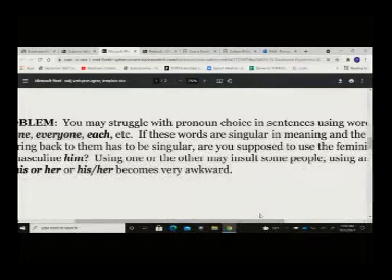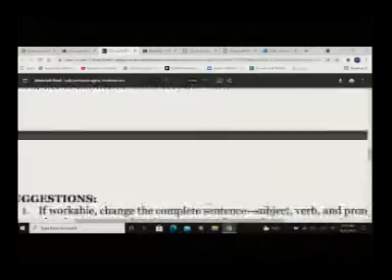Pick a gender and stick with it. And the reason I'm saying that, later on on this second page, they will tell you that you can alternate your genders. But if you're writing the narrative, and the first time you refer to your character, you give him a male gender, and then the next time you give him a female gender, that's a new character. So you have to be judicious if you're going to alternate your pronouns that are referring to that indefinite pronoun earlier.